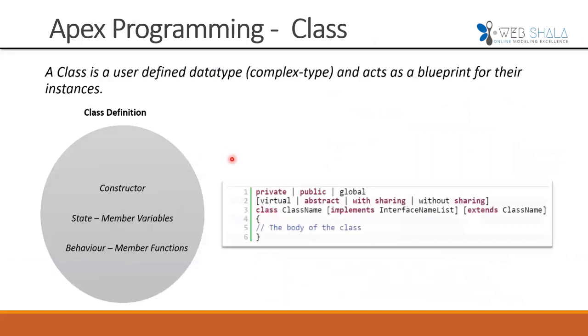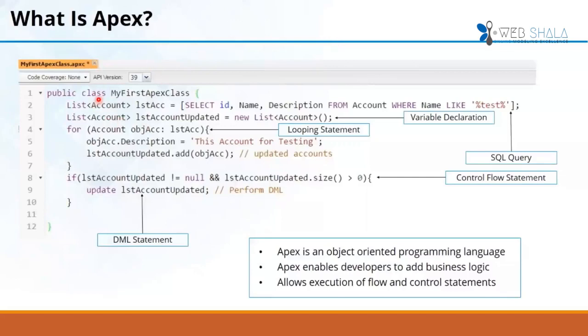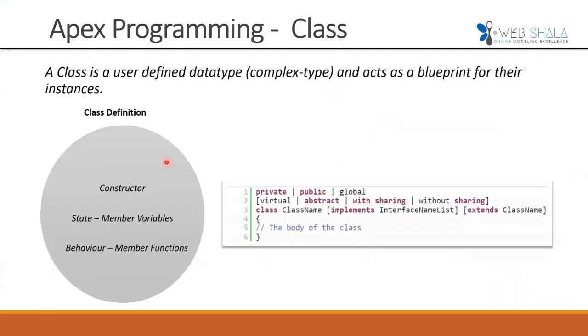Like we are starting from today, Apex programming. What is a class? When I call here, I am creating one class. So something came to your mind: what is a class? Because you have not done any programming yet. Class is a user defined data type. It can be a complex type, and it acts as a blueprint of its instances.